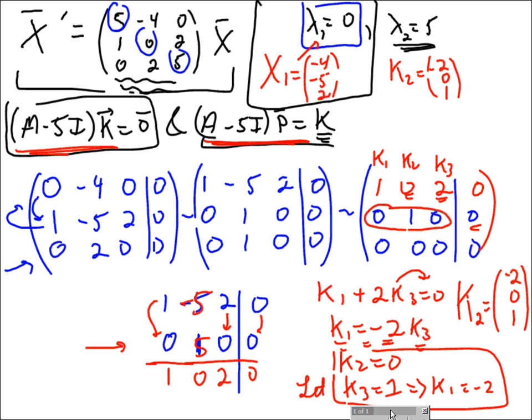Okay, so I solved this. Now I have to solve this one. The only big difference is instead of the right side being 0, it's now k, which is negative 2, 0, 1. Negative 2, 0, 1. And we solved this.